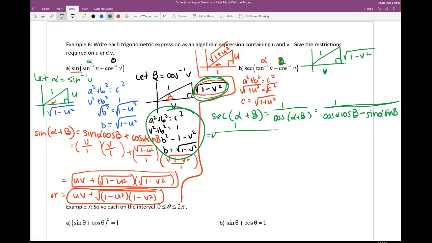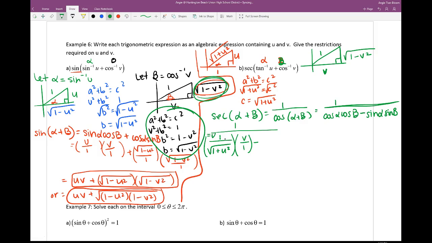1 over, here we go. Cosine of alpha, alpha is my red triangle right here. It's going to be 1 over the hypotenuse. Oh no, the hypotenuse is ugly. Hypotenuse is radical 1 plus u squared. That's just cosine. Times cosine of beta. Cosine of beta is nice. It's adjacent, v over 1.